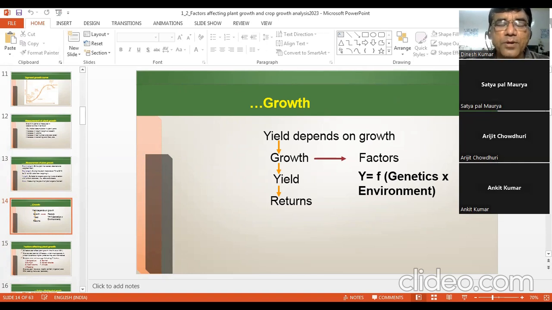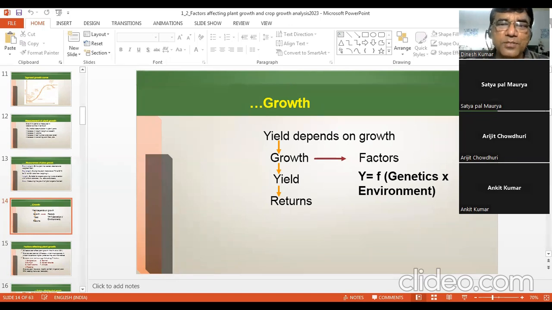If your plants or crops have sufficient growth, then only they will give you flowers, they will give you better fruits or seeds. If growth is limited, if growth is poor, your plants are thin, they are weak, they cannot give you good yields, they cannot give you good flowers, good fruiting. So therefore, you need optimum growth.